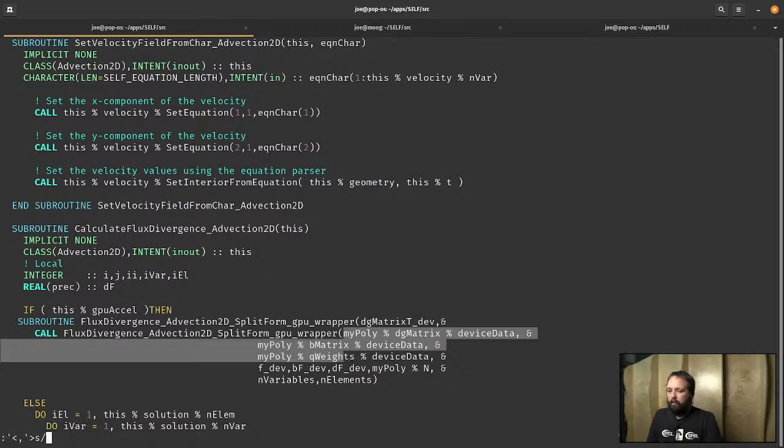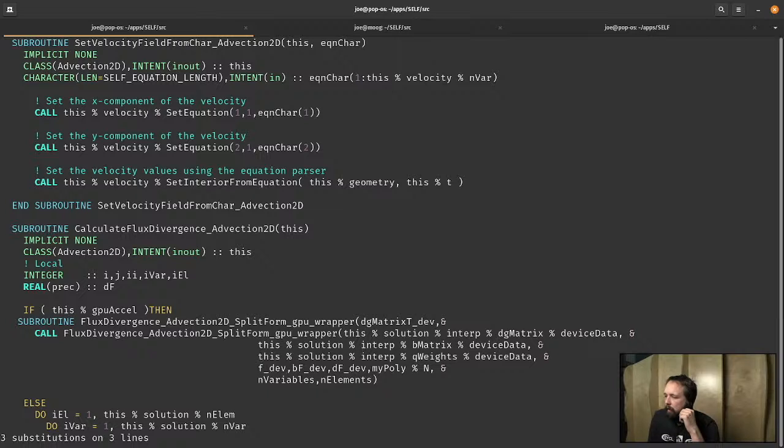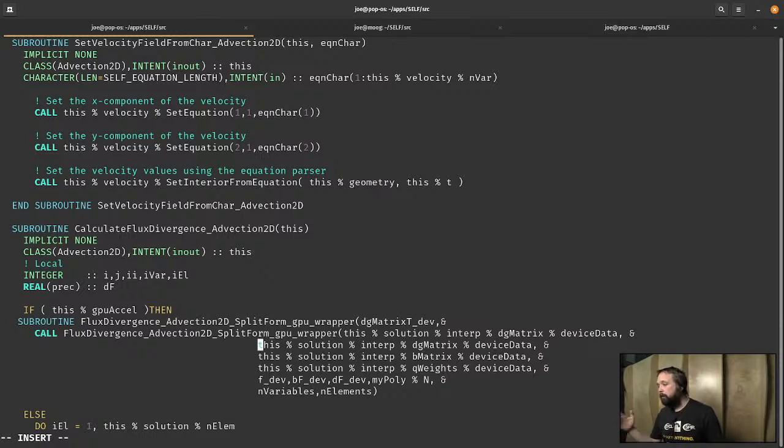What we want to do is replace them with this solution interp. And you'll notice in this case, instead of using the host data attribute at the very end, I'm using device data. And this is, again, to make sure we're passing device pointers, so things that are allocated on the GPU, to these interfaces. I also want to pass through that D matrix.